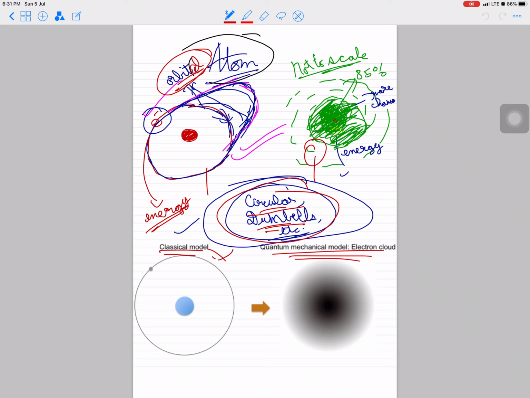So in a real atom, if you supply or take energy from an electron, it either jumps higher if you provide it with energy, or jumps to the shell below. Now a term called shell came up here. You can also call it orbit or energy level. This is exactly what we're going to discuss in today's session.